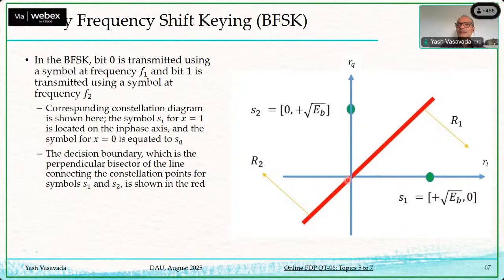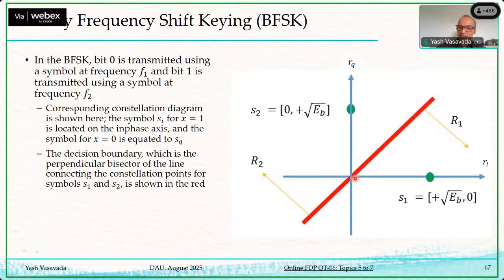Again, any preference for two types of constellation? Absolutely no preference. You can have either one. Remember again, the error probability will depend on the distance between two consecutive transmitted points.